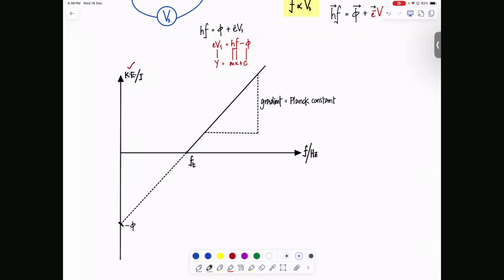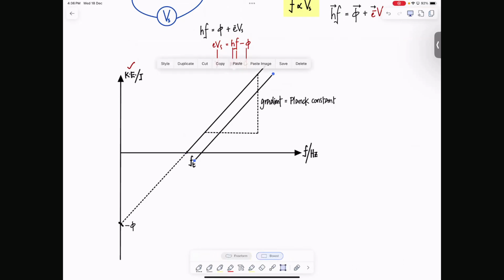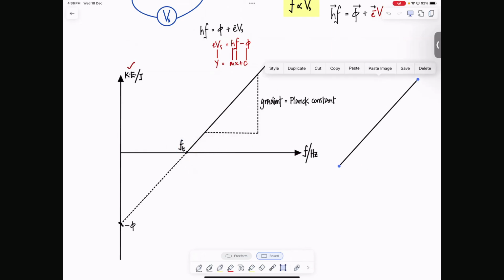So one thing, let me clarify, the inclination will not change, because the gradient gives you what? Planck constant. It's a constant, it never changes, right? So the graph is just going to go left or right. So what do you think? Is it going to shift to the left or shift to the right? Work function, higher value, full stop.